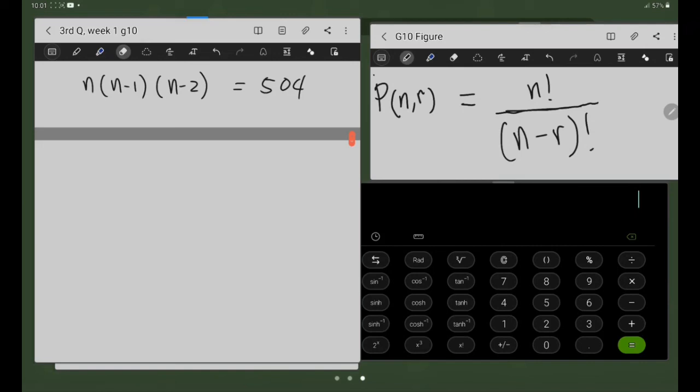So ngayon, simplify natin ito. So mag-trial and error tayo. So ano yung number na i-multiply natin, aabot ng 504. So dito kailangan natin calculator. So gamit tayo ng number na example 8. If n is 8, okay, 8 times 7 times 6.